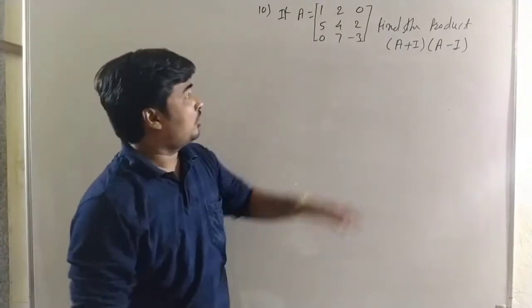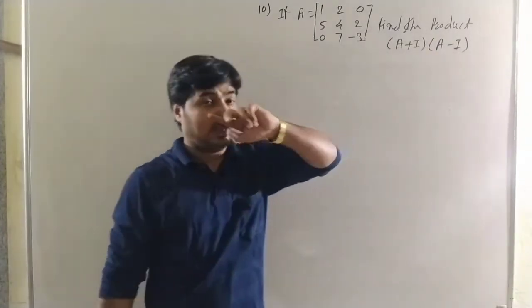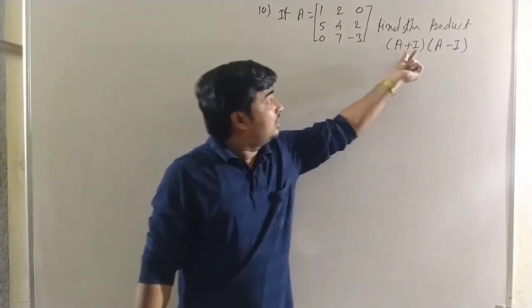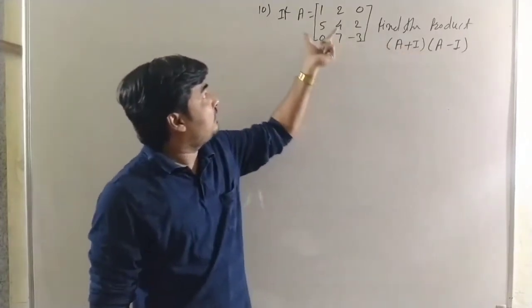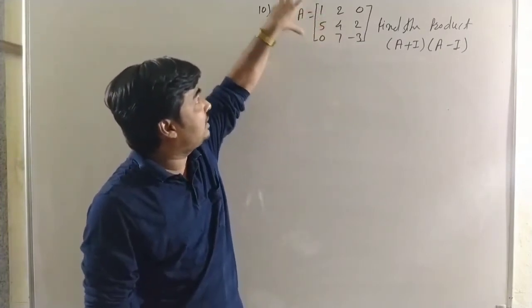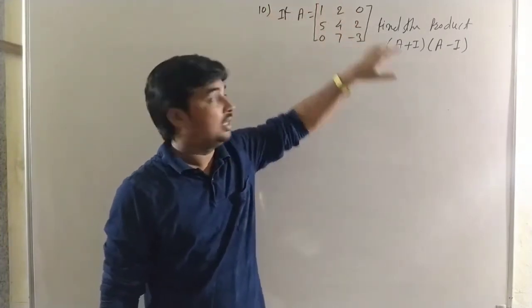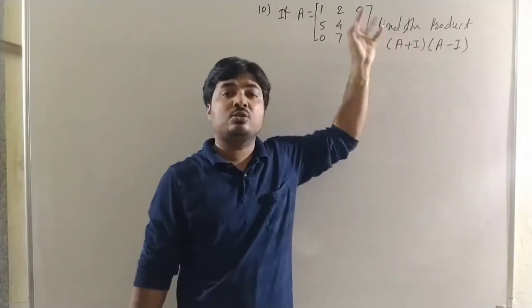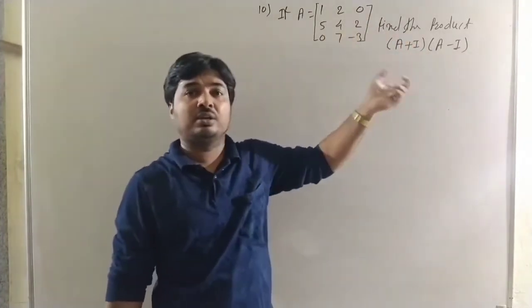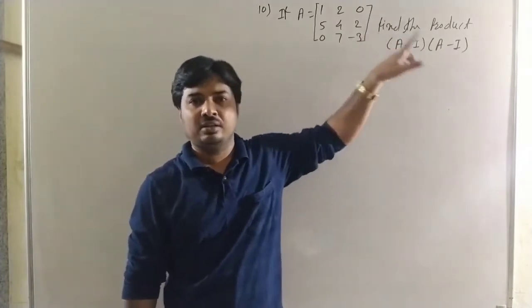Okay, product of A plus I and A minus I, where I is the identity matrix, and here I is the identity matrix of order 3, because the order of matrix A is 3 by 3. So the identity matrix is also 3 by 3, because here the addition and subtraction exist. We can find the product of this addition and subtraction.